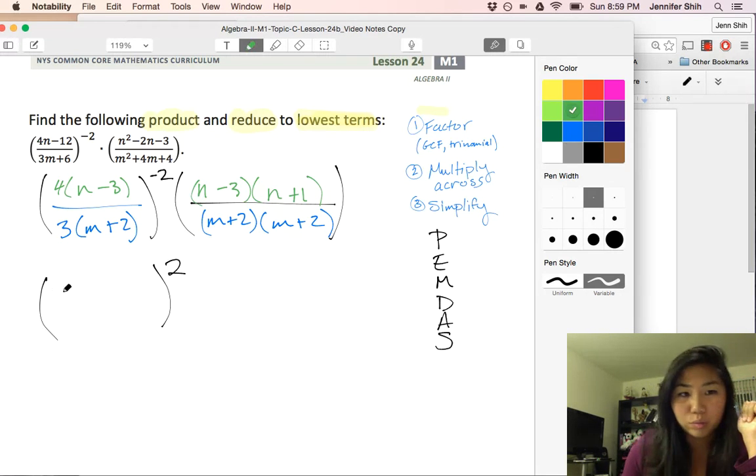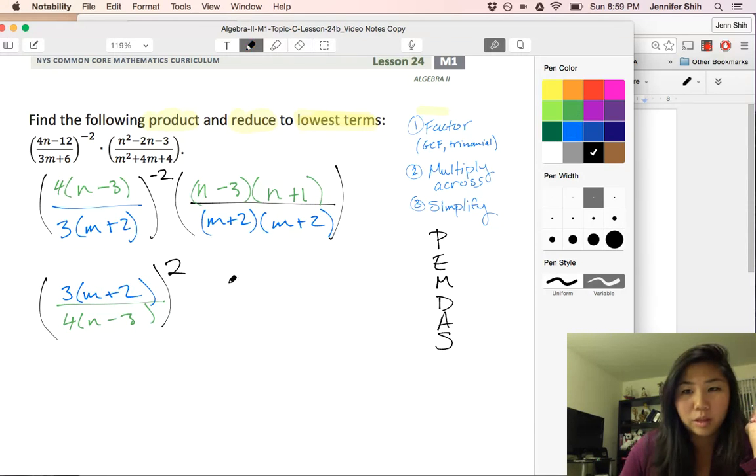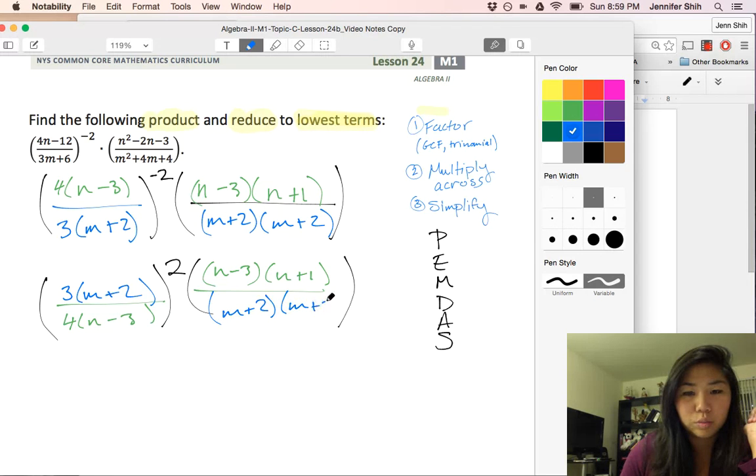So I'm going to switch the numerator and the denominator. Okay, and at this point, we're just copying down the rest here. n minus 3, n plus 1 over n plus 2, n plus 2.